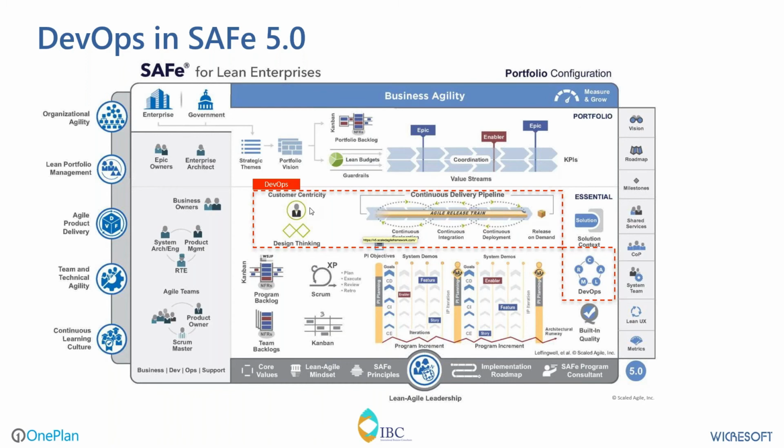There's a number of different tools and approaches for doing design thinking. The next is really core to DevOps or DevSecOps, which is the continuous delivery pipeline. This is what we're trying to accomplish. And we do that by measuring through our CALMR approach, which I'll get to in a second. But this is really what we're driving towards within the Scaled Agile Framework.